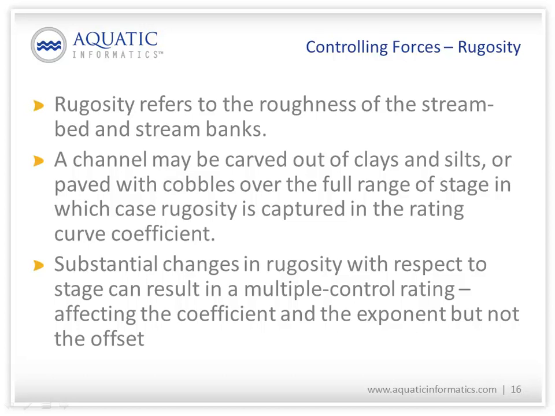We know from basic hydrodynamics that this roughness factor is going to be captured in the coefficient of the rating curve. But really what we're talking about is a composite roughness. You may have a different roughness in the stream bed than on the stream banks.